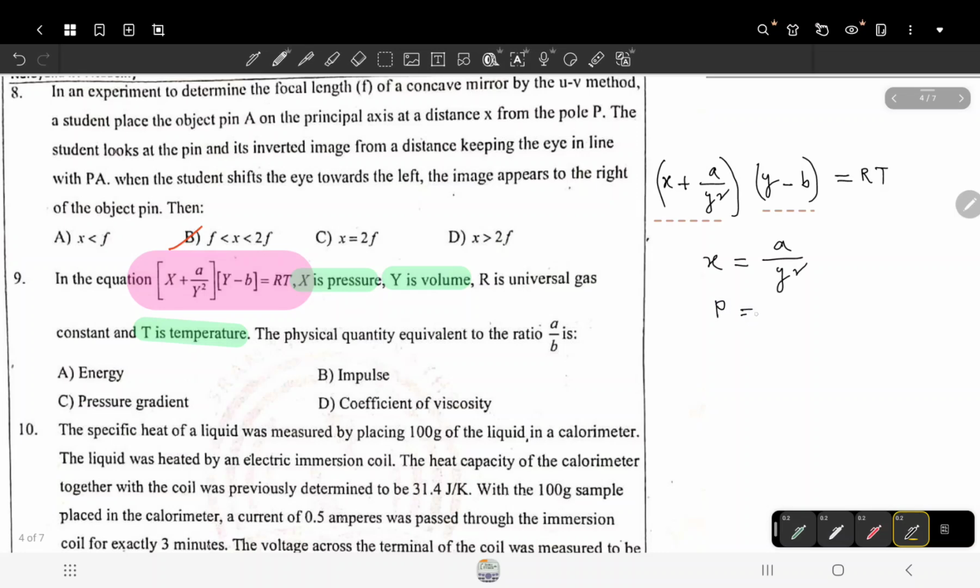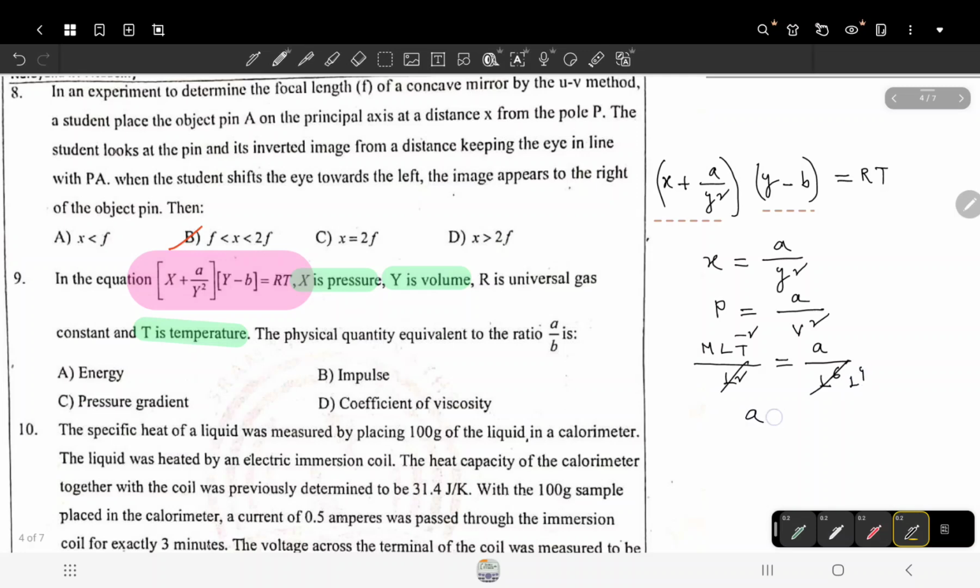Therefore we have pressure equal to a by v squared, where y is the volume, so let me say it is v squared. Pressure is force per area, and force can be written as m l t power minus 2, divided by area, which is l squared, so we can write as m l power minus 1 t power minus 2. Then a by v squared can be written with a times l cubed and l power 6 here, this one can cancel, I'm left with l power 5.